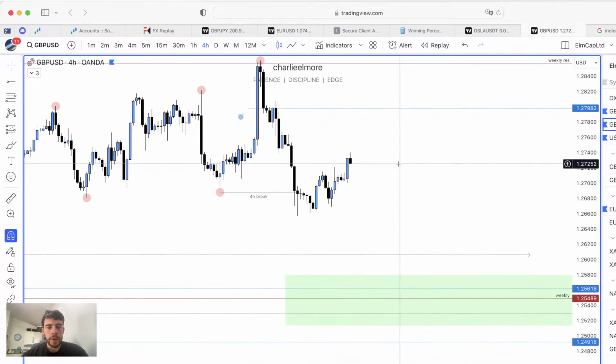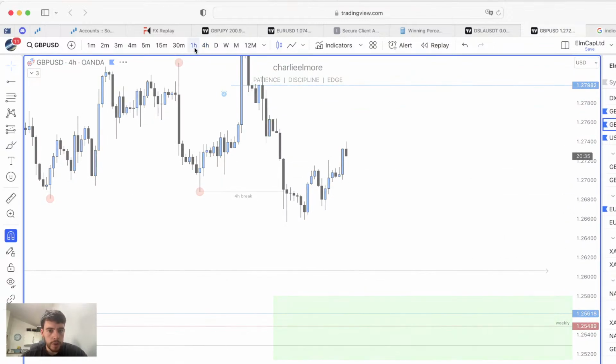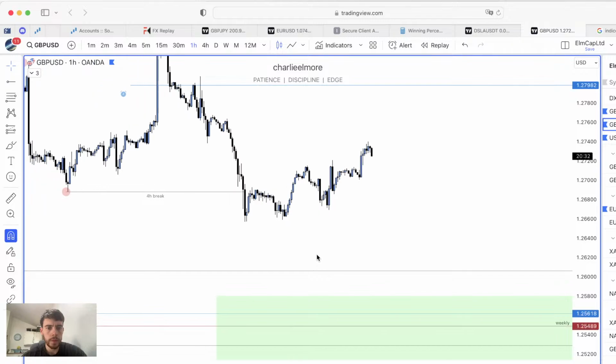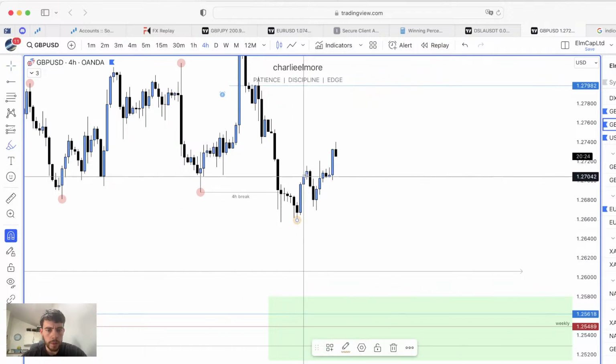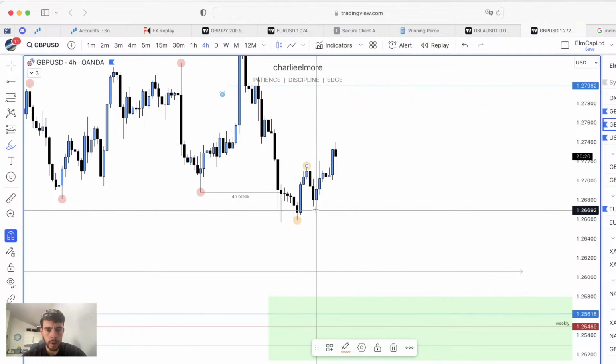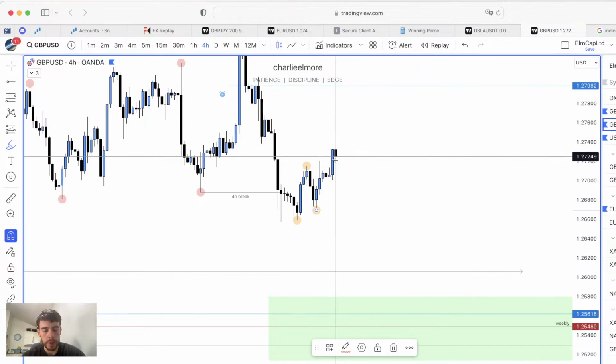Let's take that off. One thing we can also recognize is this structure, which I'm going to put onto here. So we've got a low, high, higher low, and we can't call that the higher high just yet.